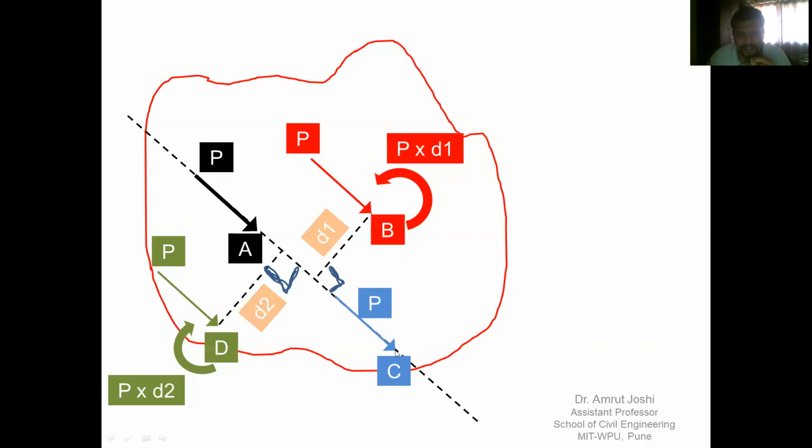If I hold this body at C using a pin and everywhere else it is free, and if I apply a force P at point A on this body, its effect at C is going to be pushing of magnitude P. So we transfer this force P as it is to C, and from this point C we try to drop a perpendicular on the line of action of force, but that perpendicular distance is 0. Therefore, the moment of a force P acting at A at C is going to be 0.